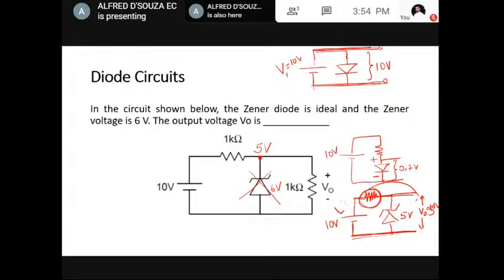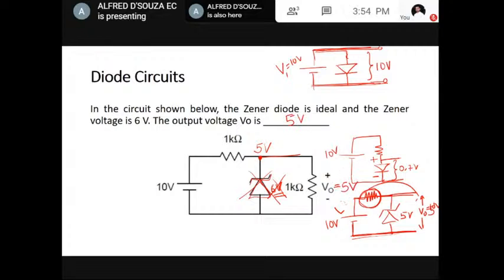Now please put the Zener diode in. This is a 6 volt Zener diode. The voltage applied is just 5 volt. So the Zener diode is definitely reverse biased, but it has not entered breakdown. So it cannot maintain 6 volt. Then the output voltage is 5. So that is the solution for this problem.